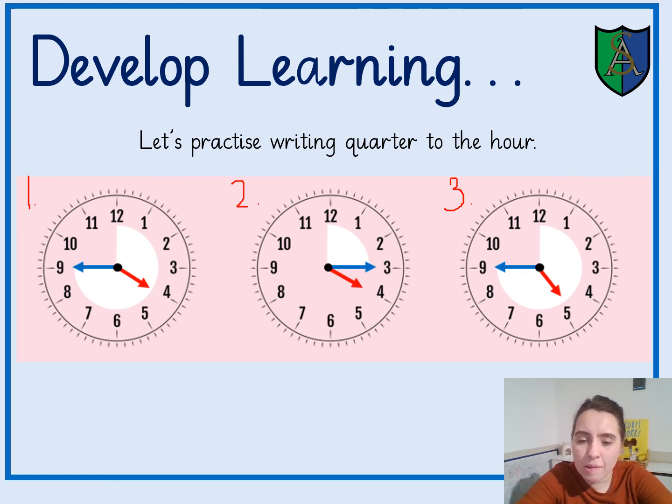We know that it's on the past side of the clock, not the to side, because remember, when it gets all the way around to that 6 or the half past, we know that's when we start to say "to" after that, don't we? So we know it's on the past side of the clock. So we say that it is quarter past something. What hour is it past?